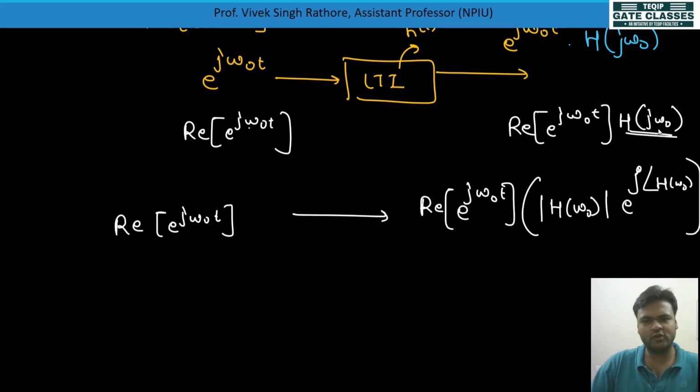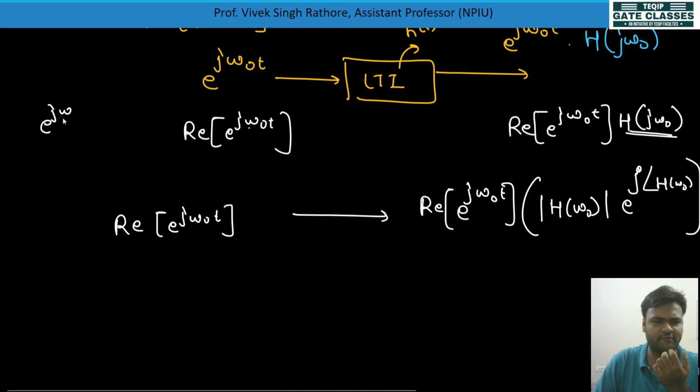The mod value of h of j omega naught will be the magnitude, and it will have some phase. Since e to the power j omega has phase omega, whatever this value is, that is the phase only. So here also the phase of h of omega naught will come, no problem with that.